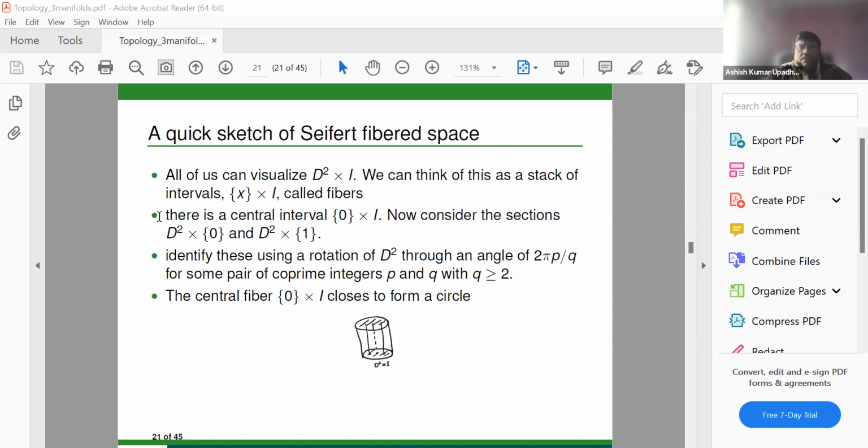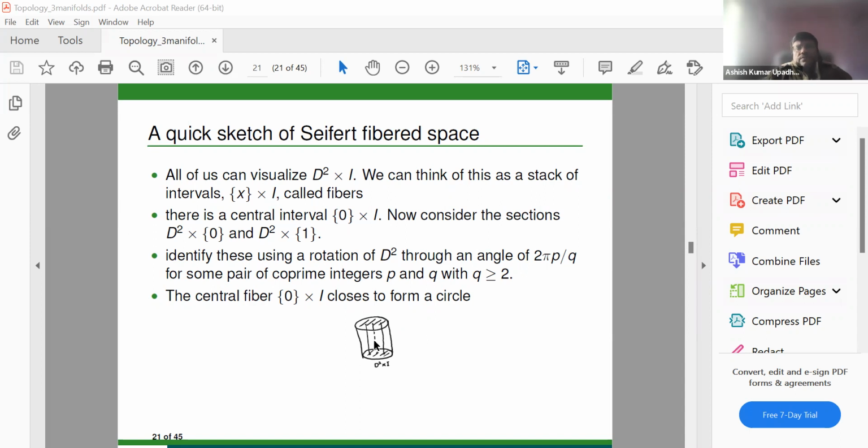Now there is also a central interval. The center of the disk will correspond to 0 or O, and we call this the central interval.